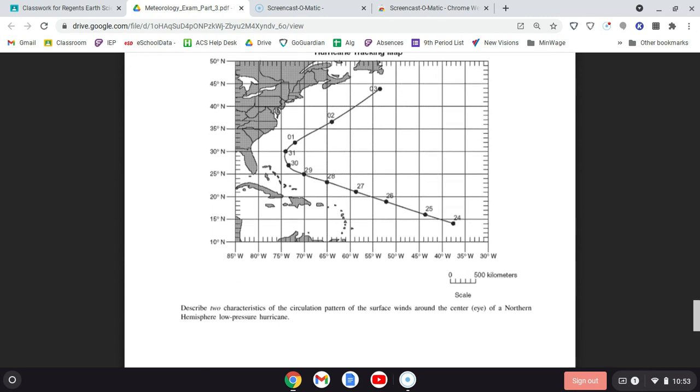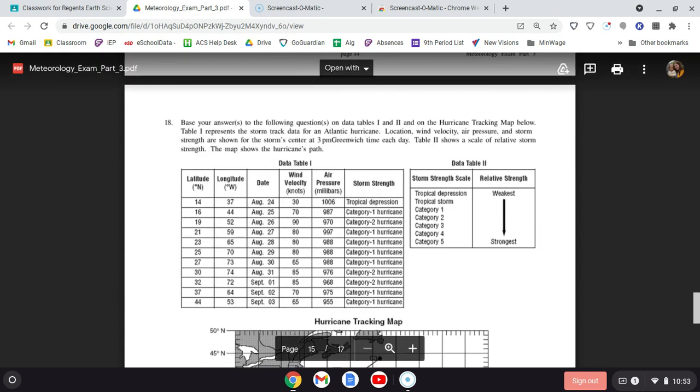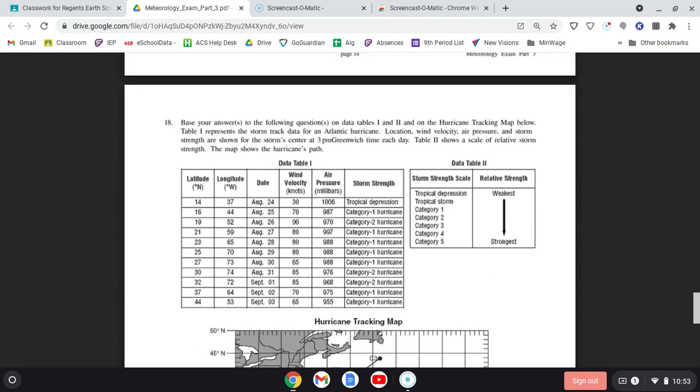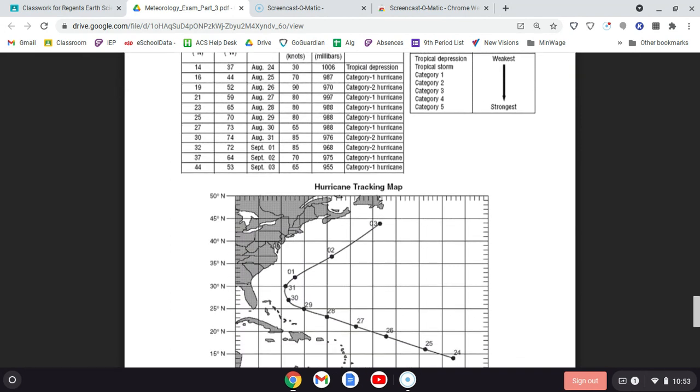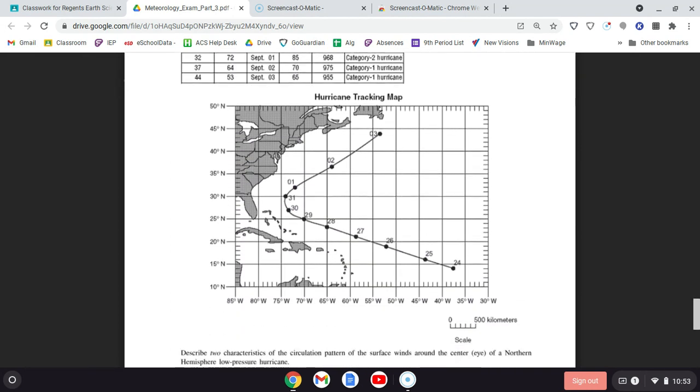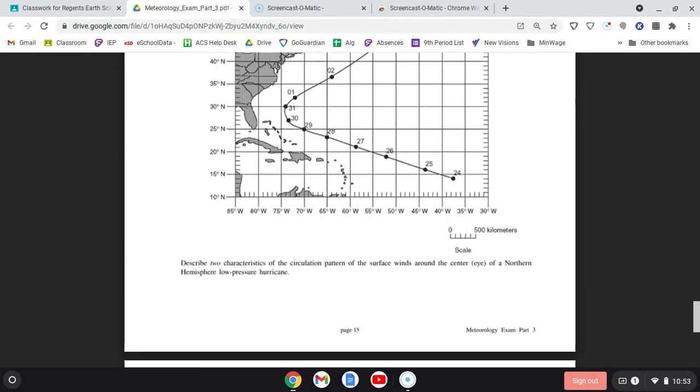Okay. All right. We're looking at a hurricane tracking map. This kind of reminds me of your lab that you guys did. Remember how you had to track that hurricane? It wants you to describe two characteristics of the circulation pattern of the surface winds around the center of the eye of the northern hemisphere low pressure.